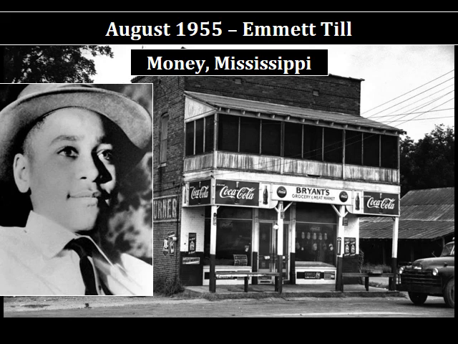They're going in there to get some little snacks, and depending on who you talk to, depending on who was interviewed, Till said something to Bryant's wife, a woman named Carolyn Bryant. And something that you might have said to somebody in Chicago would not carry the same social importance that it would carry in a place like Money, Mississippi. So whatever Till said, it was reported to the husband as inappropriate.